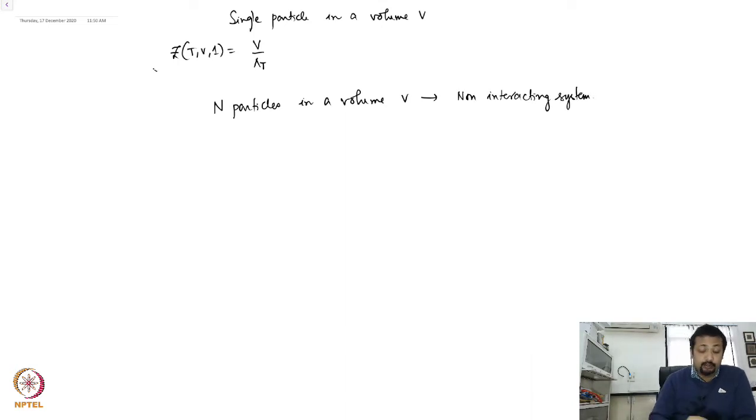Our idea is to calculate the N particle partition function Z(T, V, N) and see what result we get.